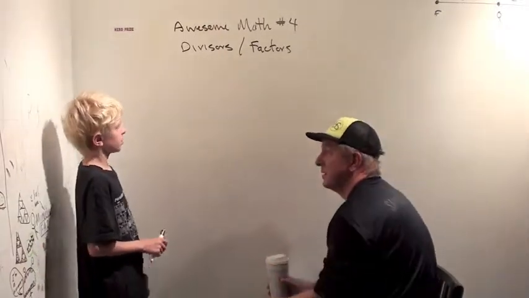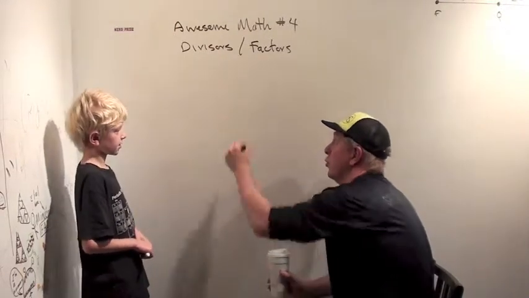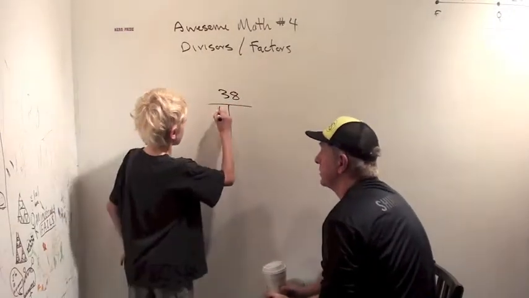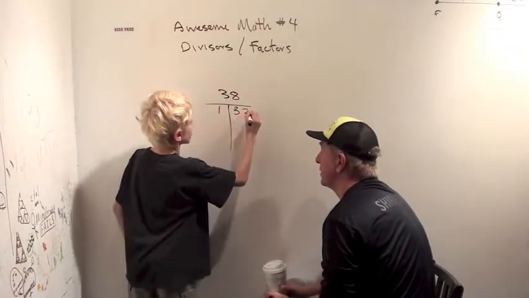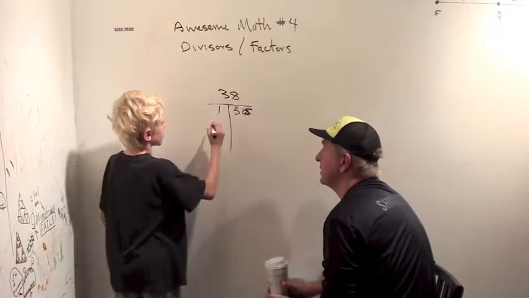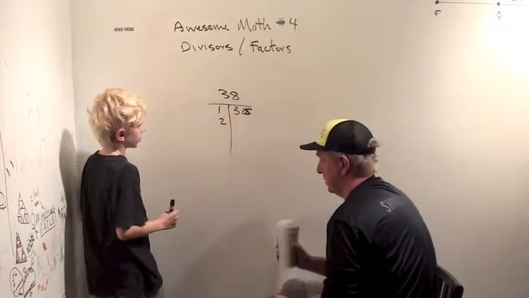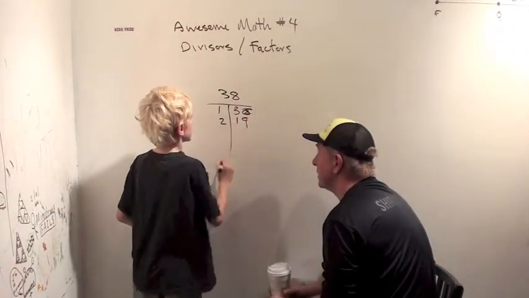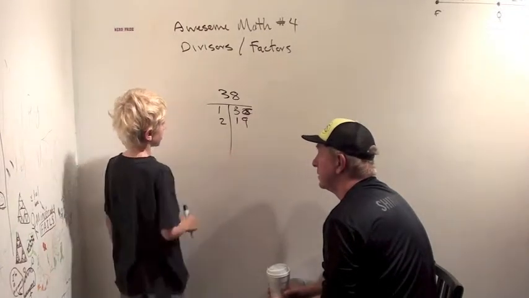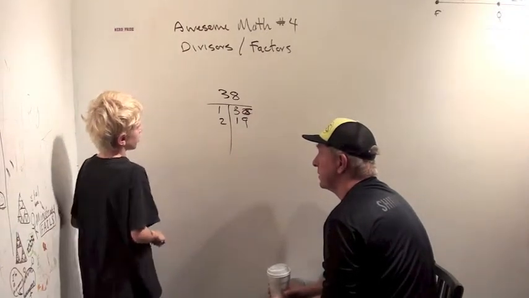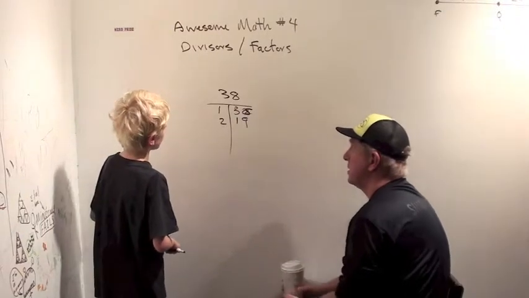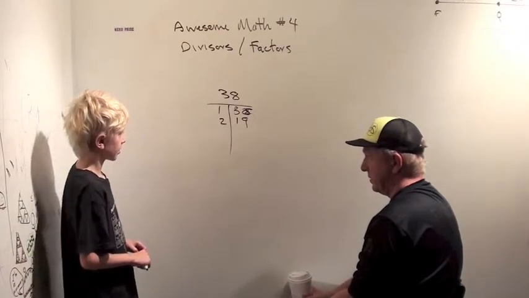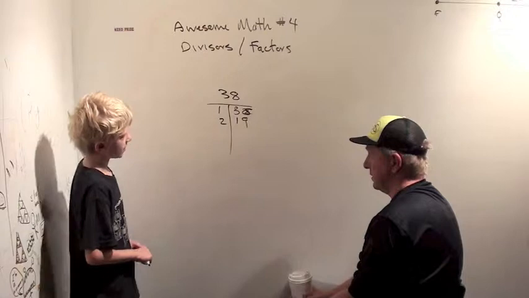Maybe 38. Ooh, this could be an interesting one. 38. 1, 38, then 2, 19, and then not by 3, not by 4, not by 5, is it by 6?